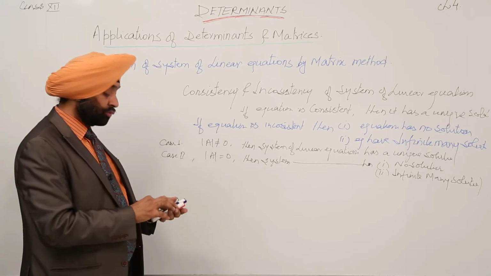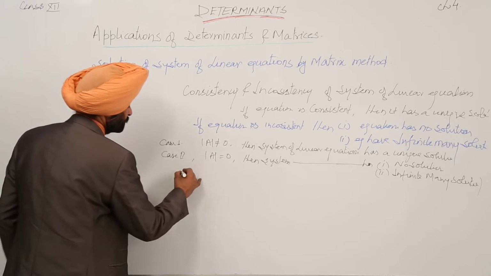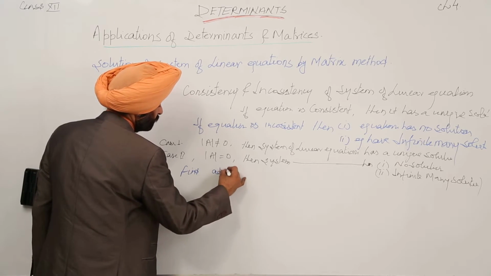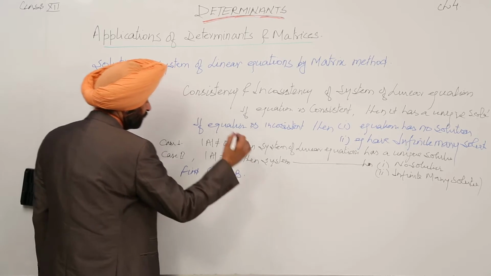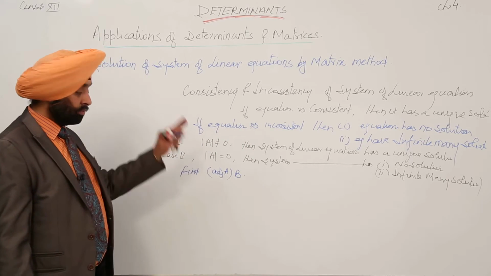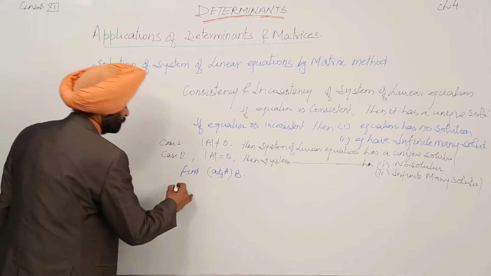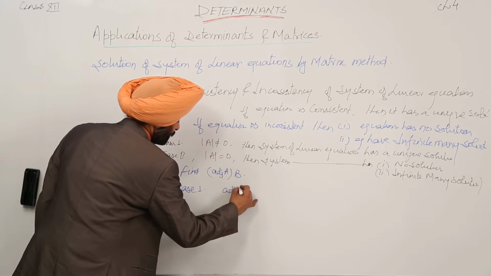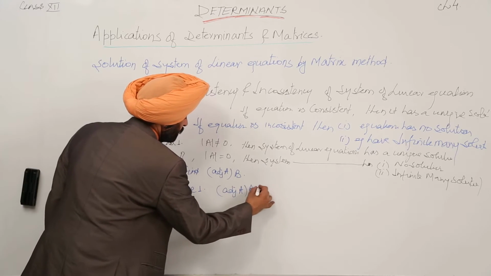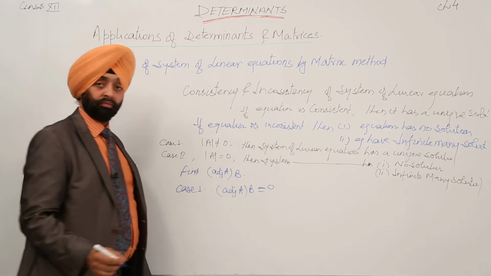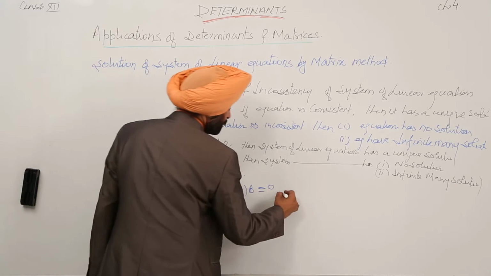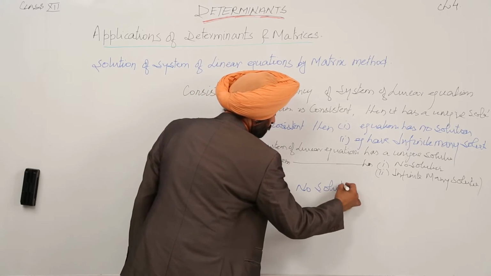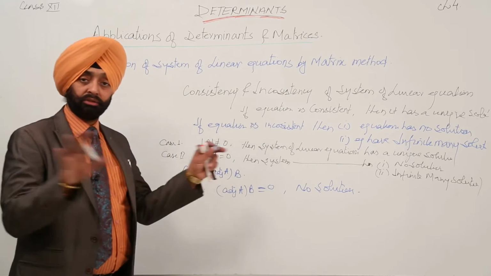For this part, we have to first find adjoint of A with B. Now two cases arise. Case 1 is adjoint of A with B, if the result is 0, then the system of linear equations has no solution.